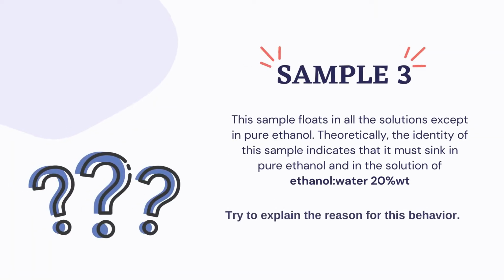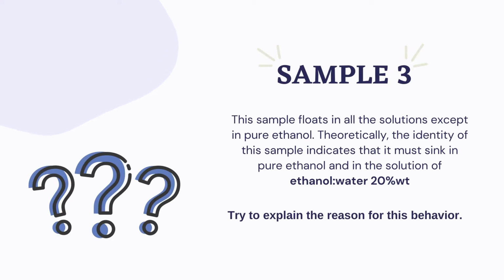The sample 3 floats in all the solutions except for ethanol. However, according to its identity, it must also float in a solution of ethanol in water at 20%. Try to explain the possible reasons of this behavior.